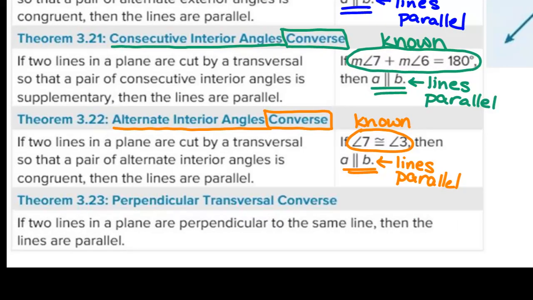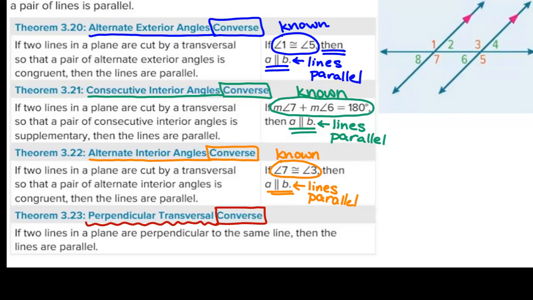Perpendicular transversal converse. The perpendicular transversal converse is a little bit different. This one says if two lines in a plane are perpendicular to the same line, then the lines are parallel.